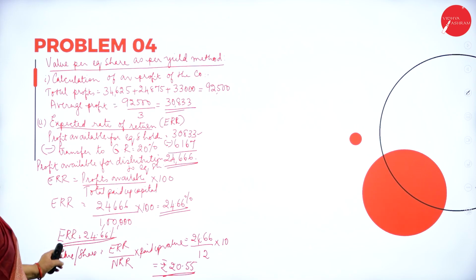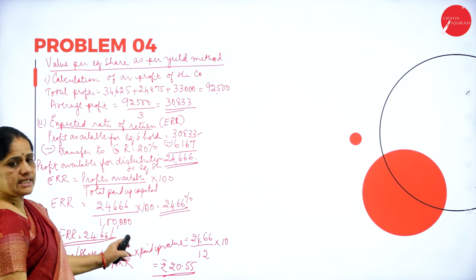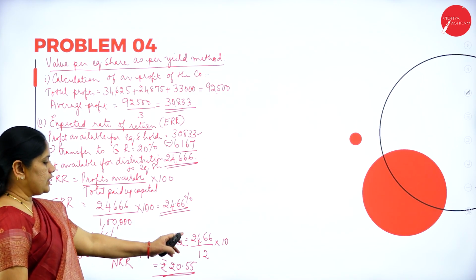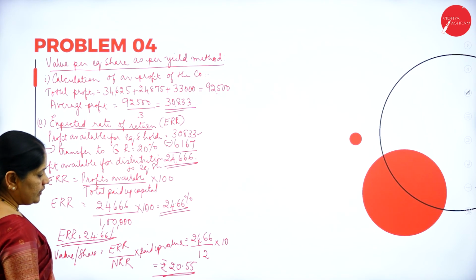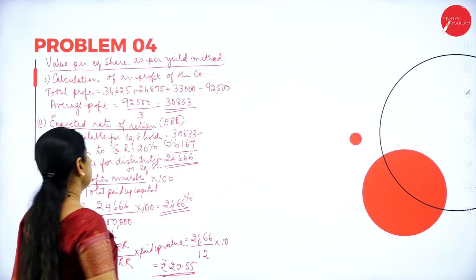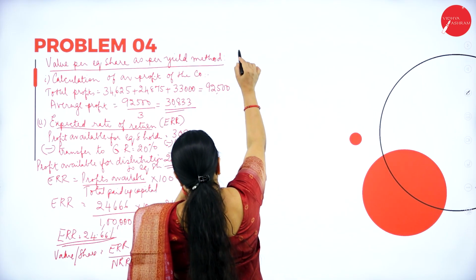So ERR is 24.66%. So the value per share is ERR by NRR into paid up value. So 24.66 divided by 12 into 10, we get 20.55. So this is the value as per the yield method.